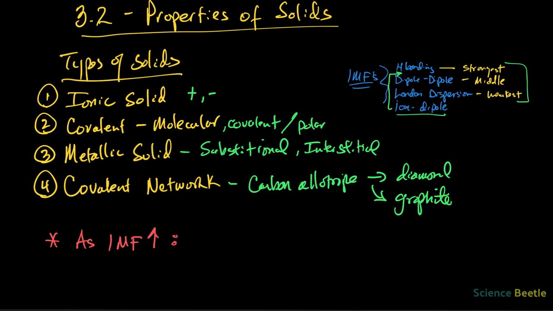For example, you'll see an increase in the melting point of a solid. If you add some heat to a solid, it'll melt at a higher temperature if stronger intermolecular forces exist in that solid. The same thing would be true with boiling point. Once you get it into the molten state, it will boil at a higher temperature if those intermolecular forces are there.